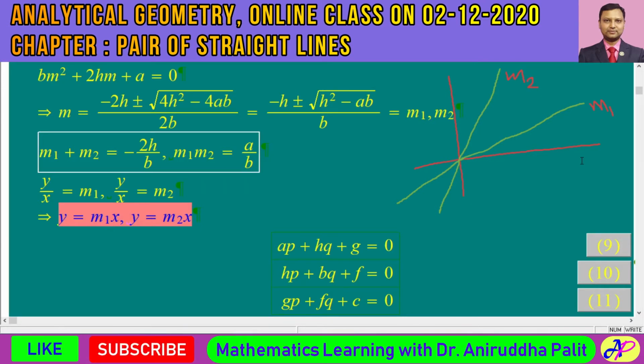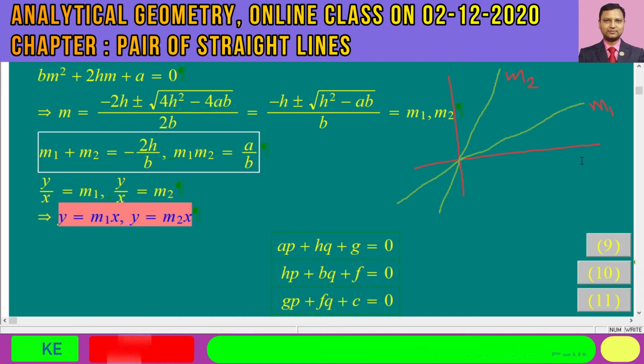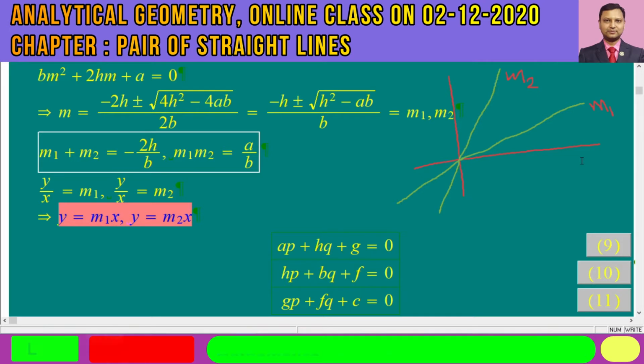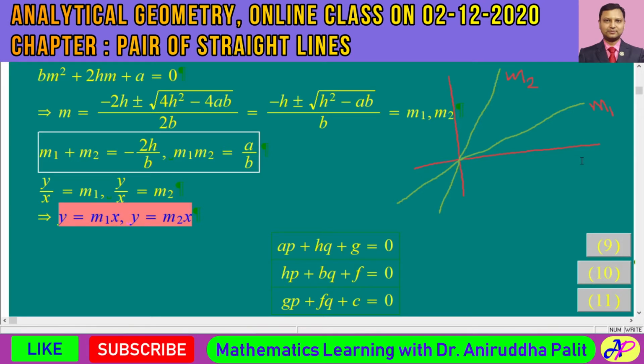So a plus i into b, i is the imaginary number, i square is equal to -1, and mathematicians were solving different difficult problems with the help of these so-called imaginary or less significant numbers.